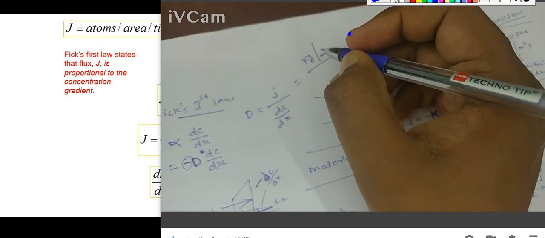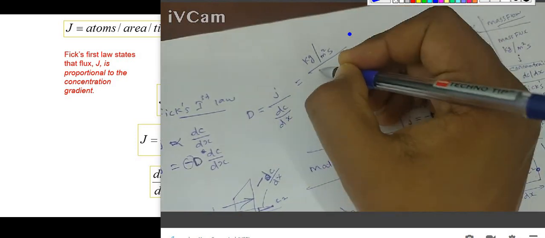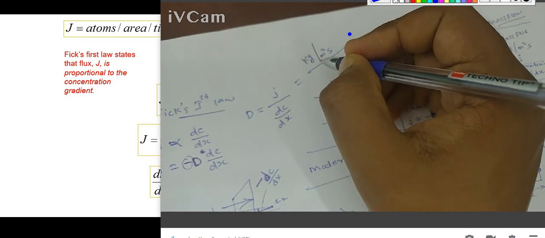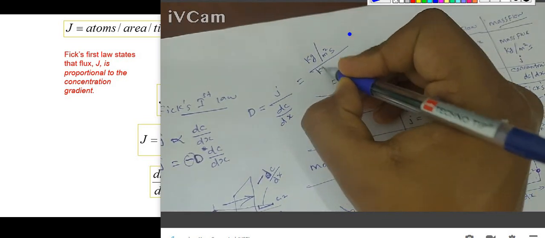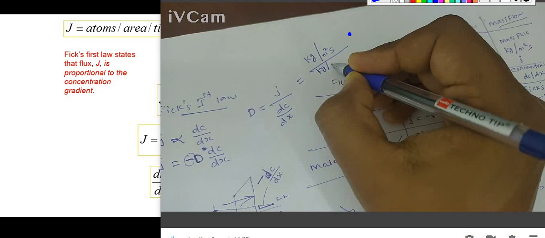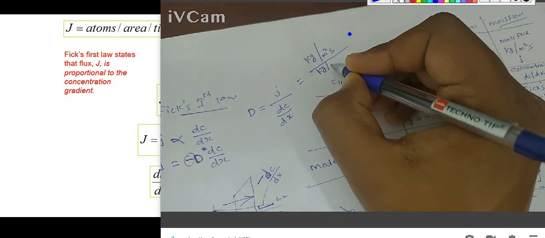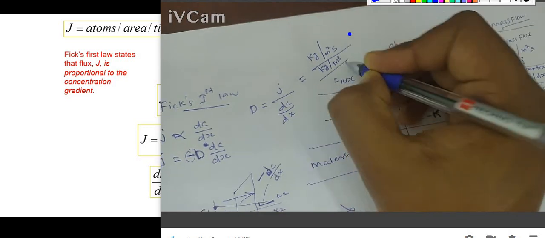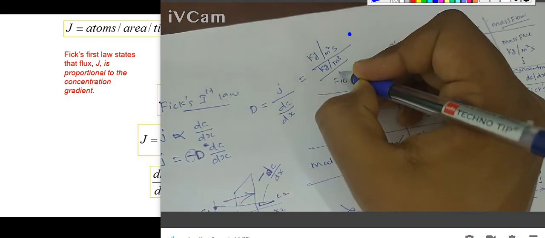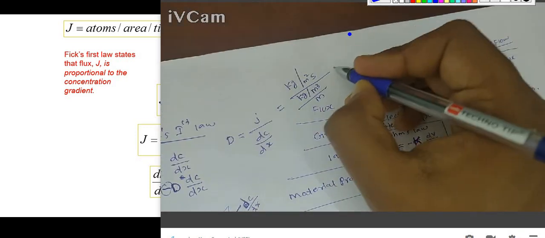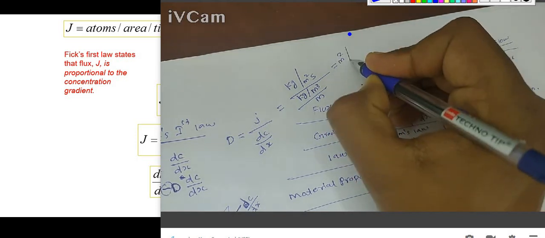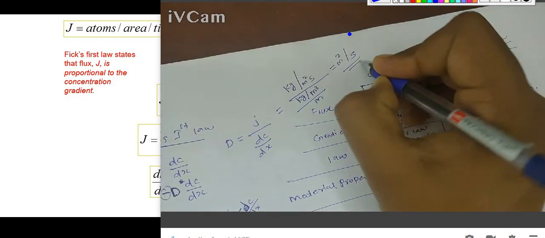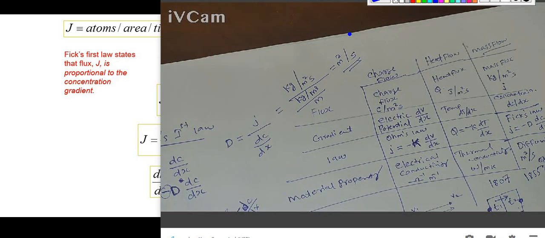And for dC, the unit is kilogram per meter cube, that is the amount of mass transfer per meter cube or volume, divided by dx, the distance, that is meter. So we got meter square per second. That is the unit of diffusivity D.